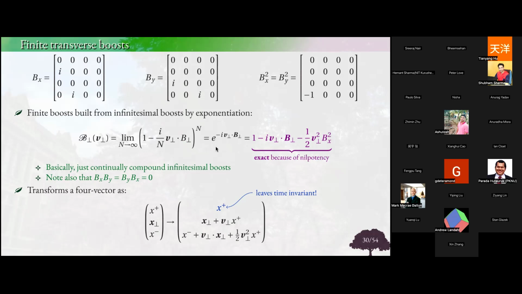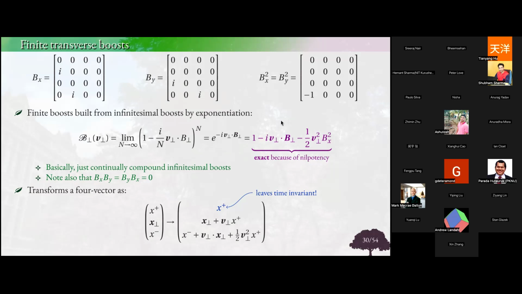So it's just exponentiation. But because of the nilpotency of the generator, you can expand your exponent as an infinite Taylor series using the standard formula, and the Taylor series terminates because bx to the third and likewise by to the third are both zero. You end up with just a three-term series, which is exact, which is really nice.